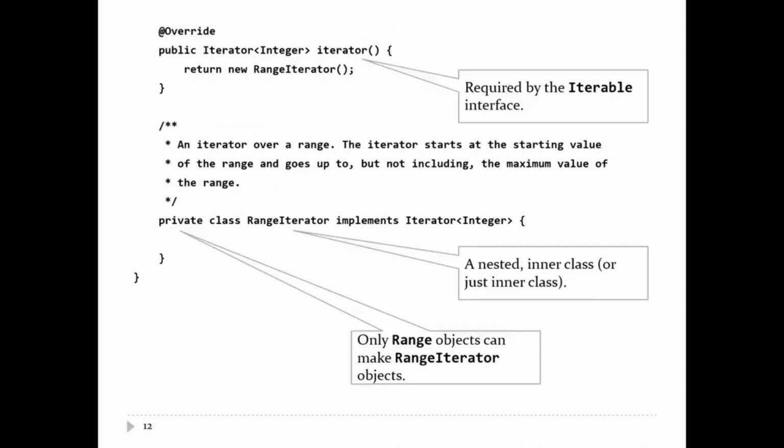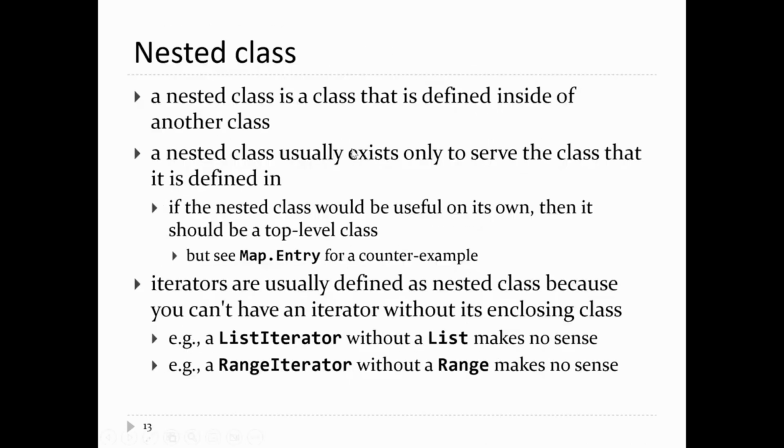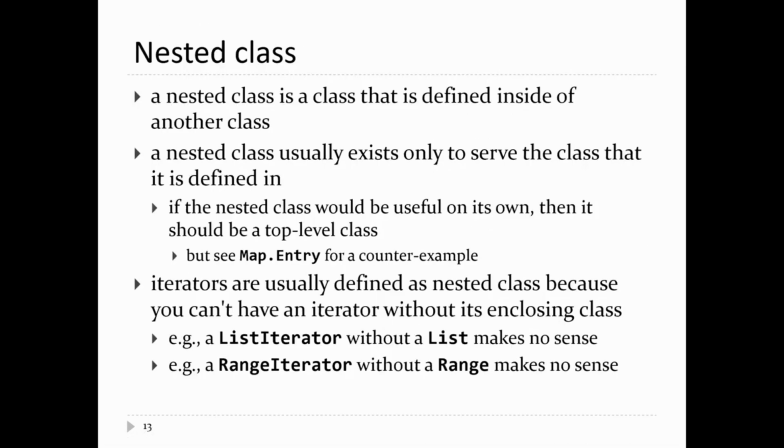It's not too much work to change this class so that it counts in steps of something other than 1, or it counts downwards from some larger value to some smaller value. You also have to make some small changes to range iterator, but again, it's not very difficult to do.